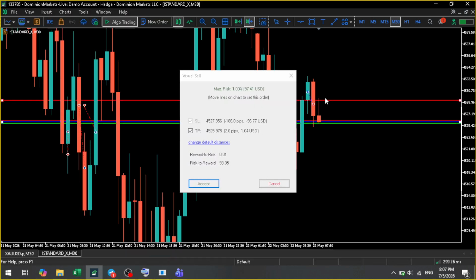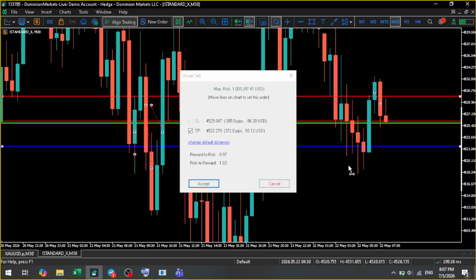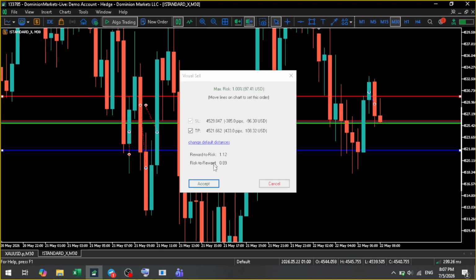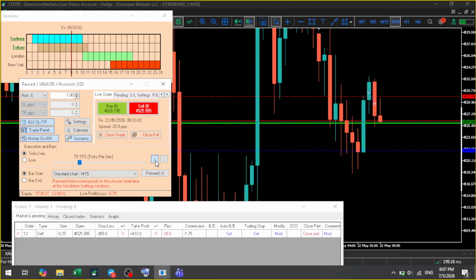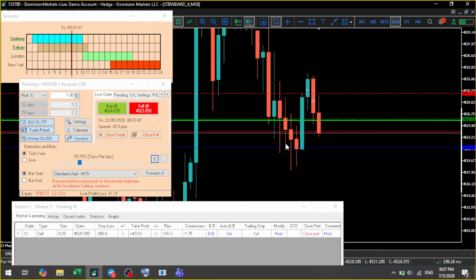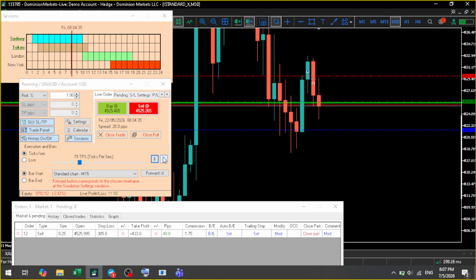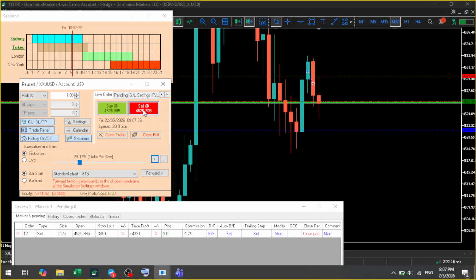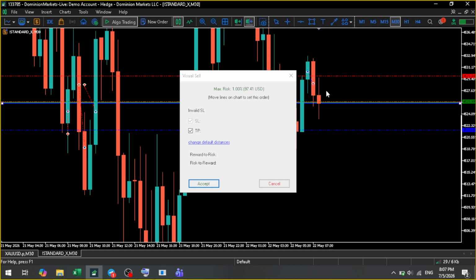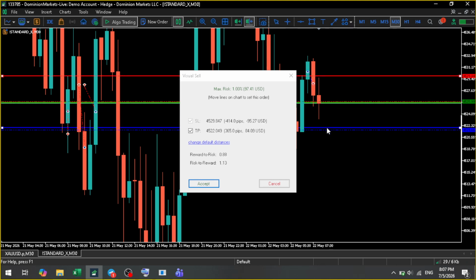Two minutes. Let's see. Sells. What is this? 38. Should push down. Easy. At this point, maybe add another, because we are ending the week.